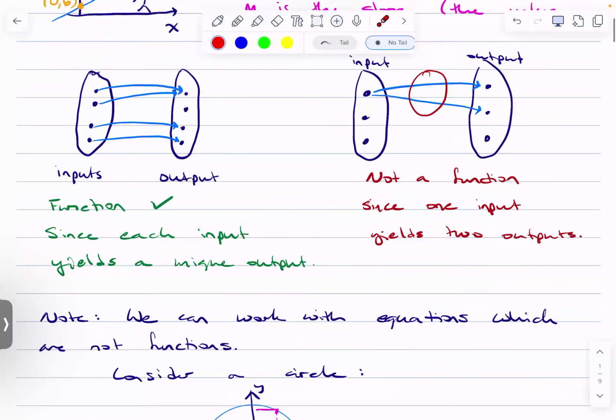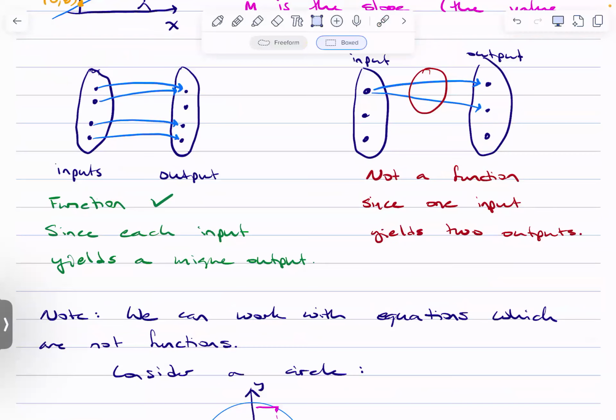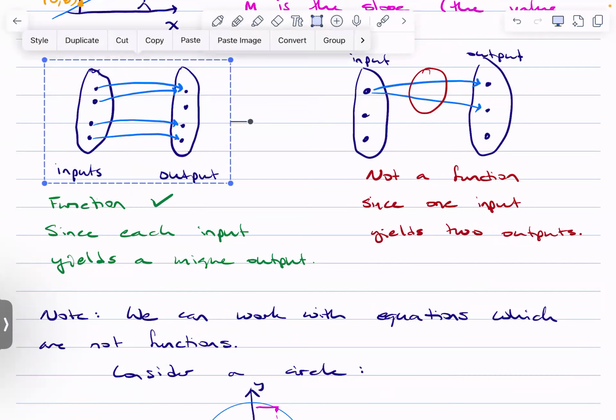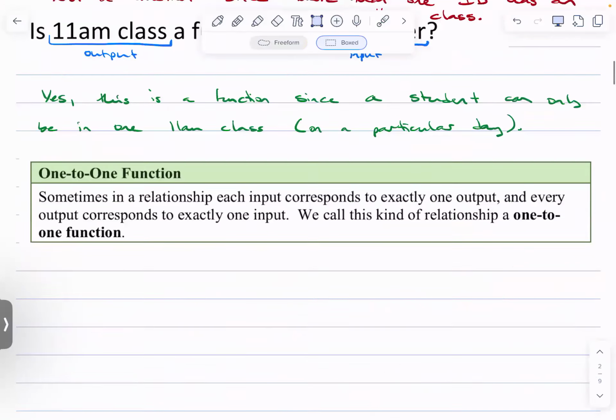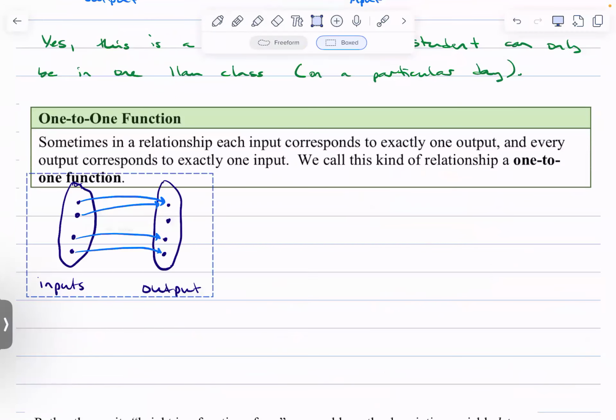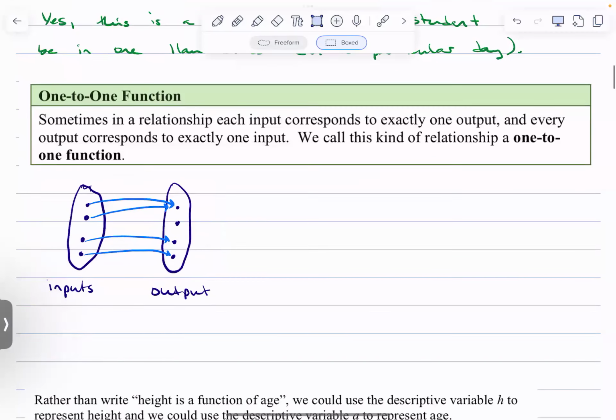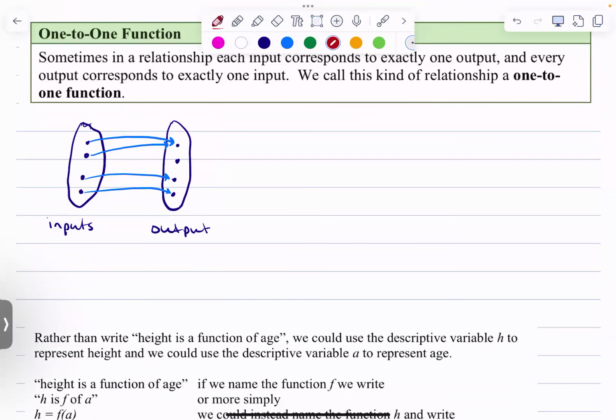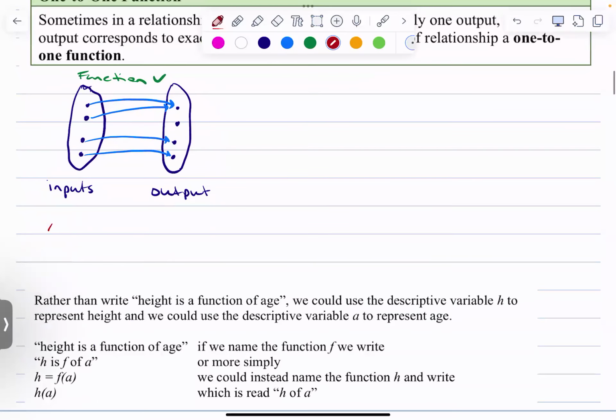And so here, maybe I'll snag this. So here, yes, this is a function, right? But this is not one-to-one.